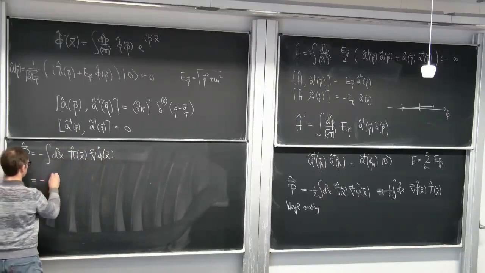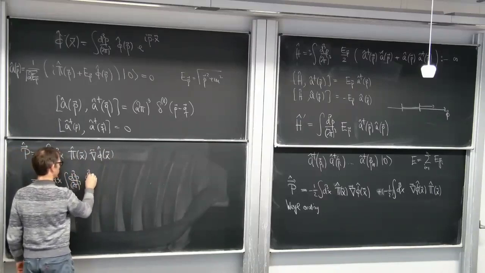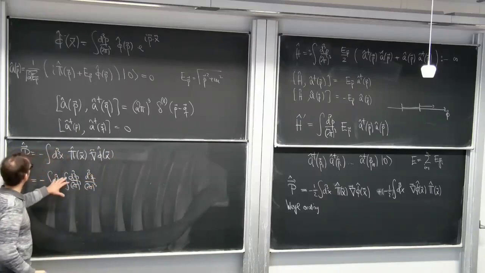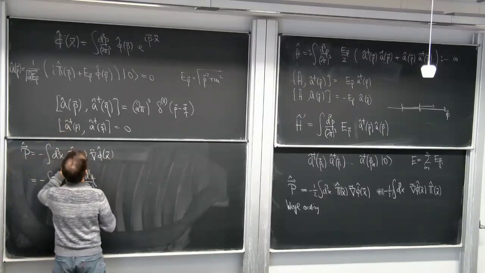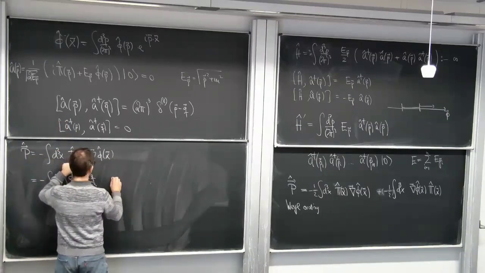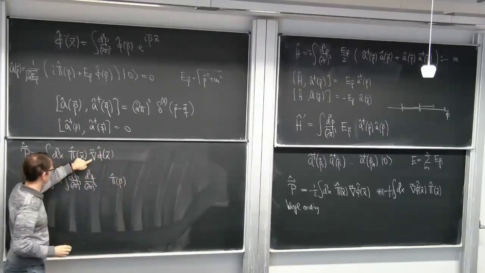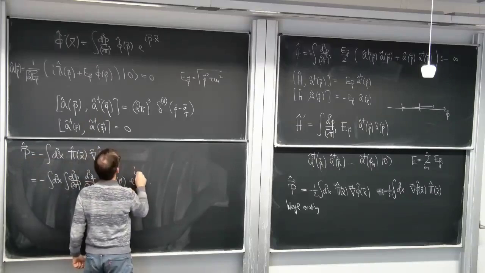And this is minus the integral d3x, integral d3p over 2 pi cubed, d3q over 2 pi cubed, then pi of p, and it comes with this exponential e to the i p times x.